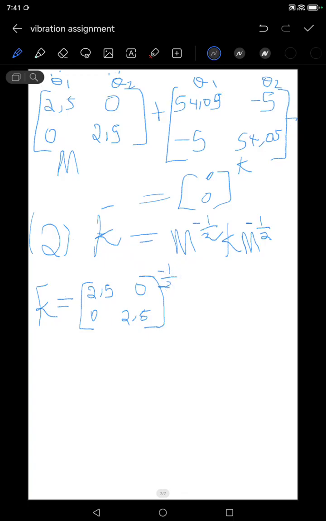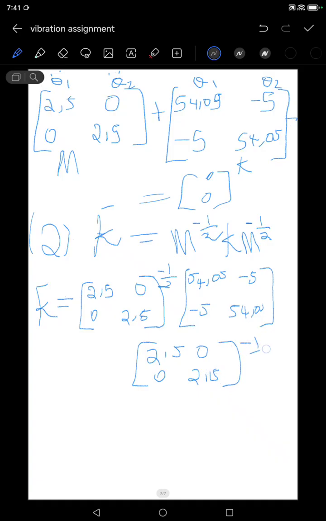Any number inside this bracket, we write the exponent: 2.5 to the power of -1/2, 0 to the power of -1/2, 0 to the power of -1/2, and 2.5 to the power of -1/2. Then multiplied by our K: 54.05, -5, -5, and 54.05. Then the last m, 2.5, 0, 0, 2.5, all to the power of -1/2.